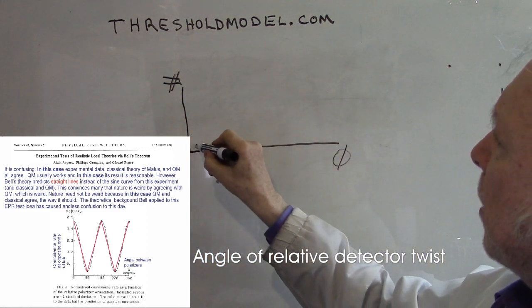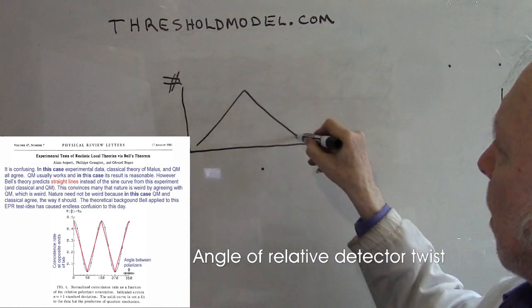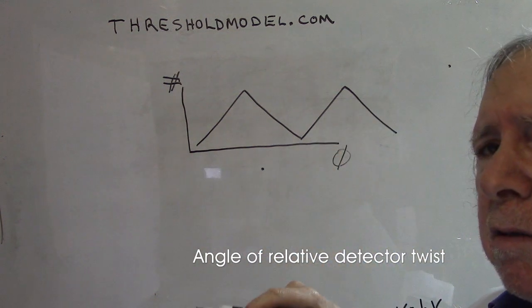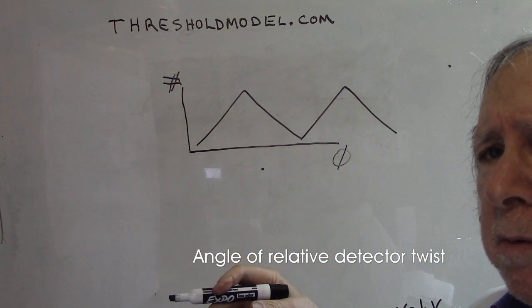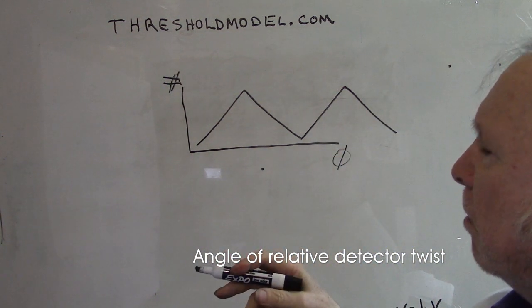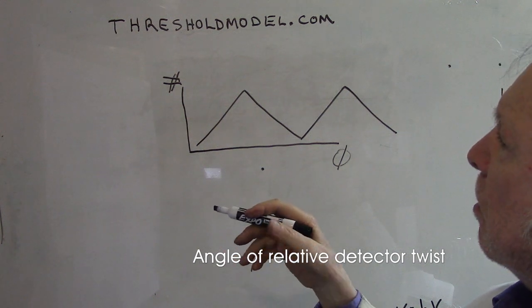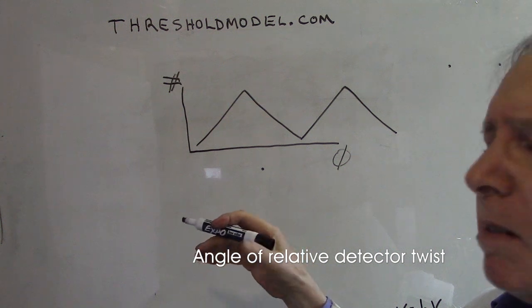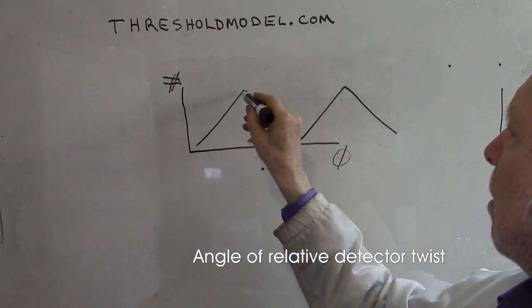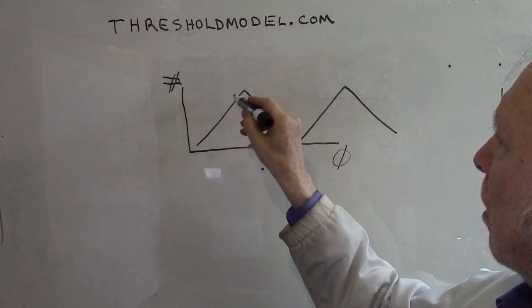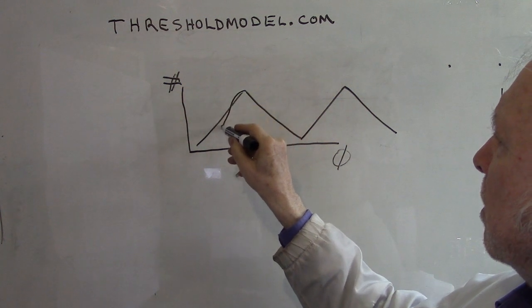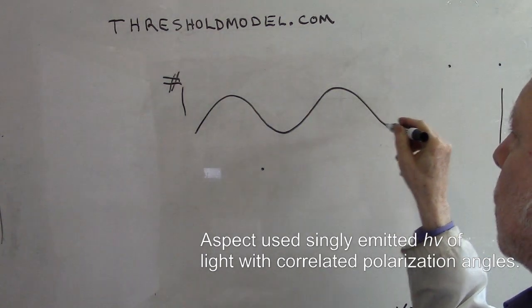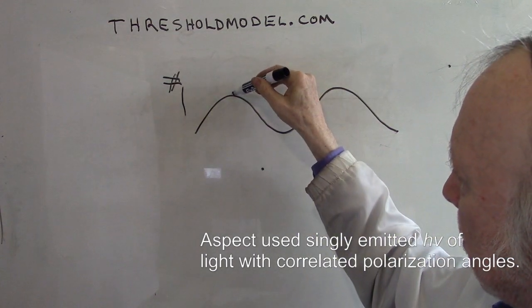The Bell theory predicts this kind of response, straight lines, because it's just linear terms in the Bell inequalities. So when Alain Aspect did this experiment, he did an experiment that worked well. The experiment came out like this.